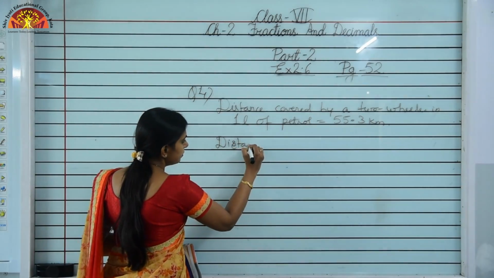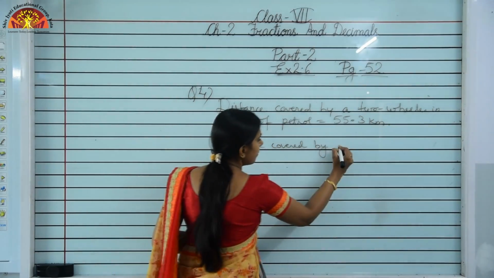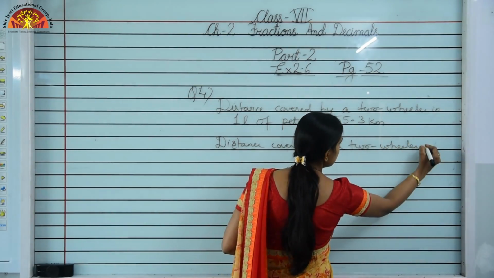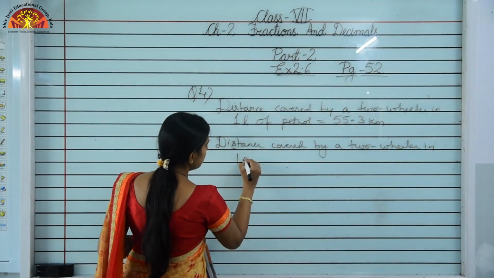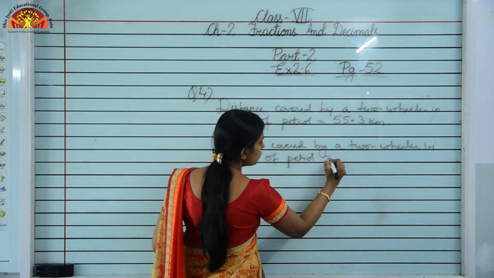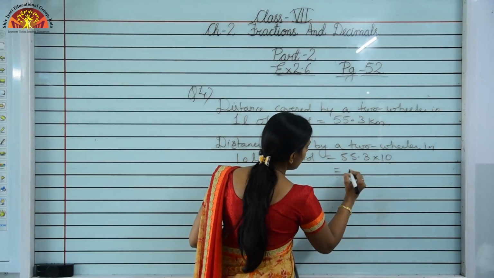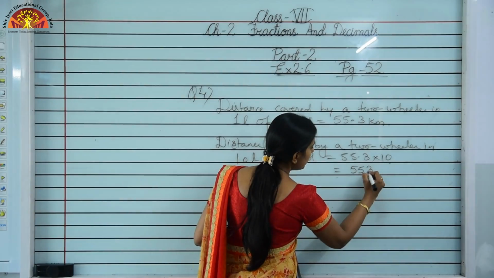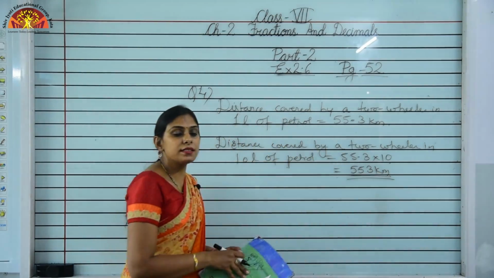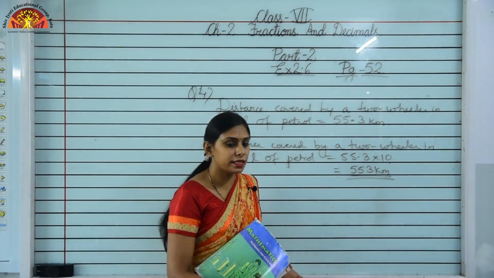So the distance covered by a two-wheeler in 10 liters of petrol is equal to 55.3 into 10. So it will become 553 kilometers. Means when the fuel is more, the distance covered by a vehicle will be more. So your answer is 553 kilometers.